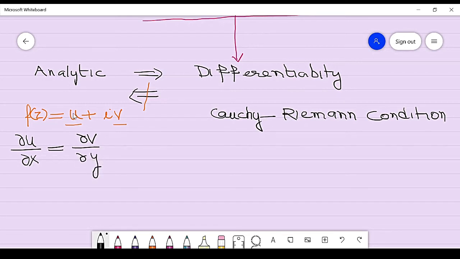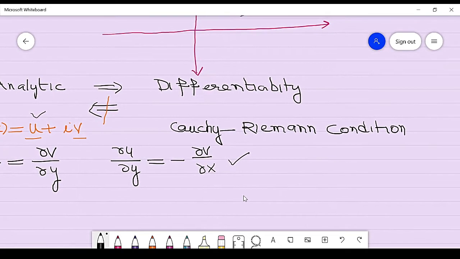First I differentiate this with respect to x and this with the next variable, y. Second, curly u by curly y, which is equal to minus curly v by curly x. When we start from y, the negative sign is introduced, but when we start with x, it is a positive sign. So this condition is called the Cauchy-Riemann condition.